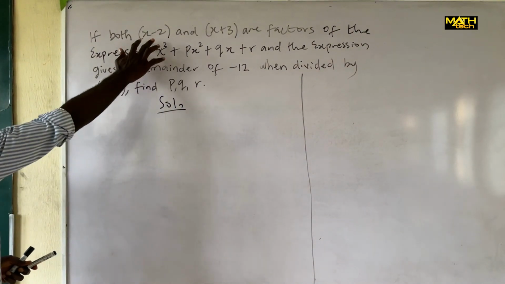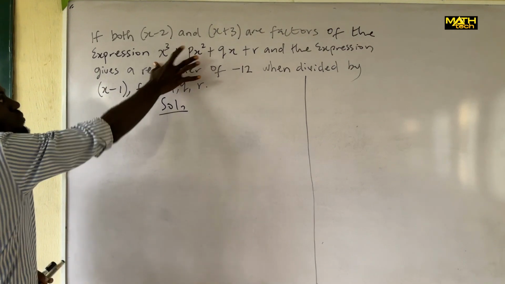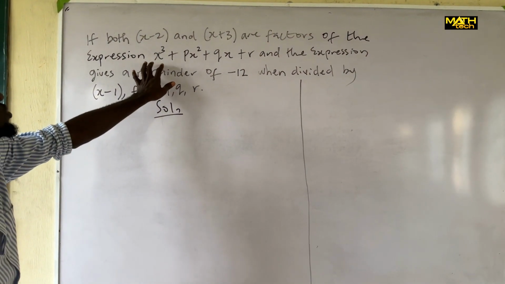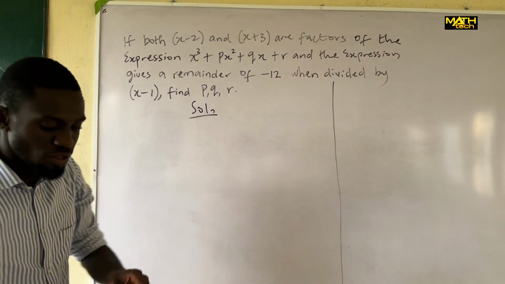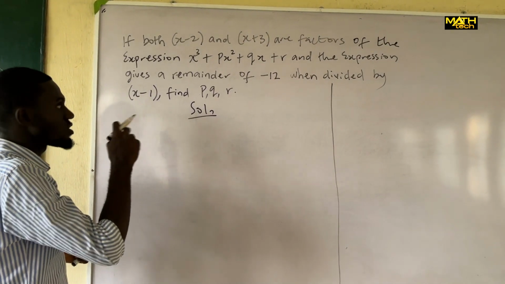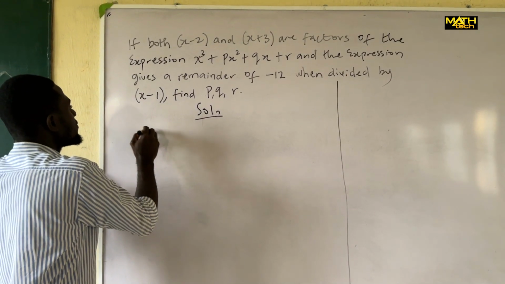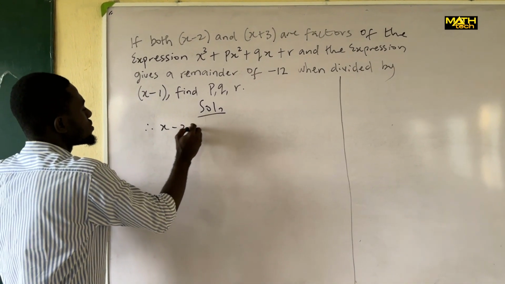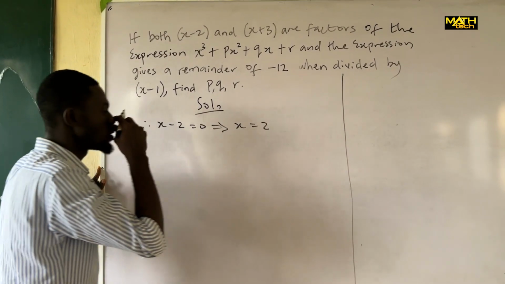Now, x minus 2 is a factor of this expression, meaning that if this expression is divided by x minus 2, the remainder will be what? 0. Therefore, x minus 2 equal to 0 implies that our x is equal to what? 2.